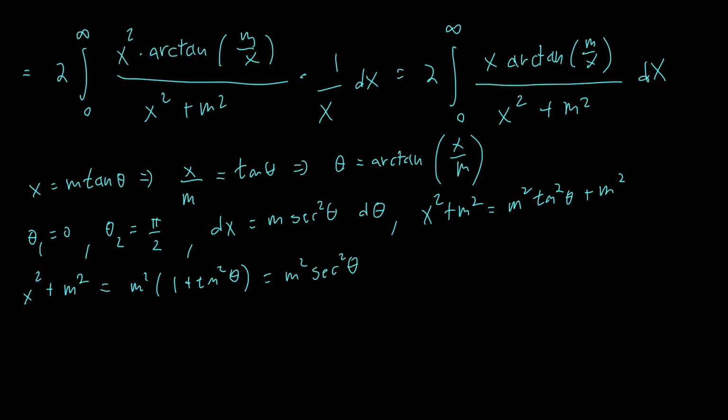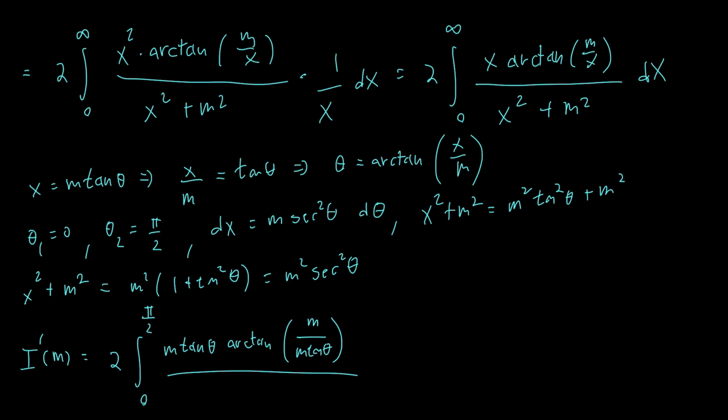Okay, so now plugging everything in, we have that I prime of m is twice the integral from 0 to pi over 2 of x, which is m tangent theta, arctangent of m over x, we said x is m tangent theta, and then we have x squared plus m squared.